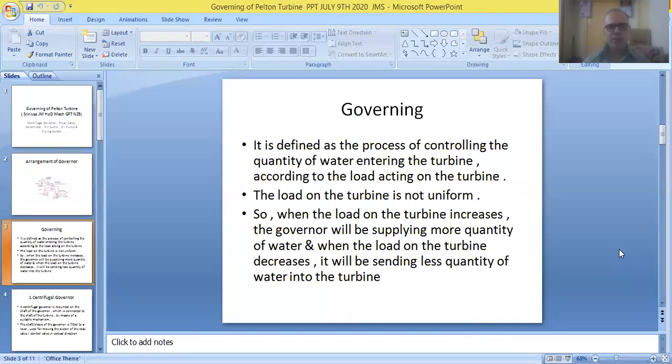It's a process of controlling the quantity of water entering the turbine according to the load acting on the turbine. So when the load on the turbine increases, the governor will be supplying more quantity of water. When the load on the turbine decreases, automatically the governor will be sending less quantity of water into the turbine.